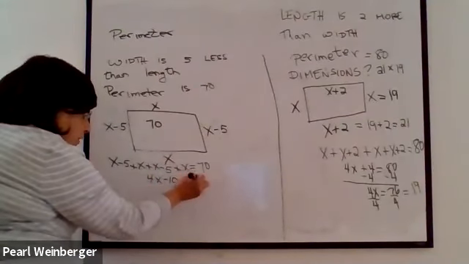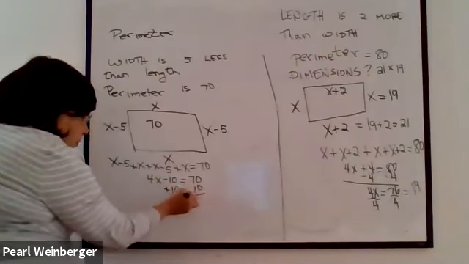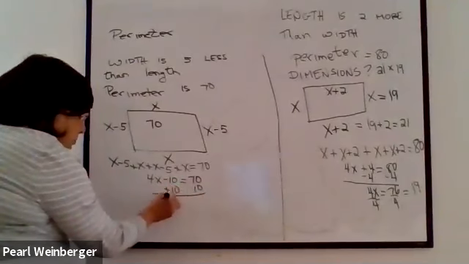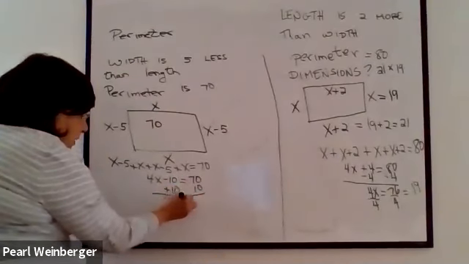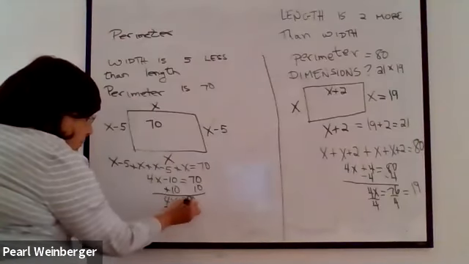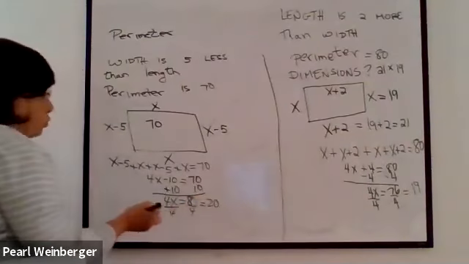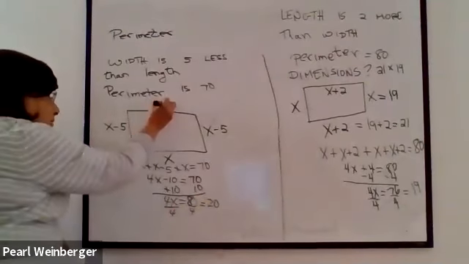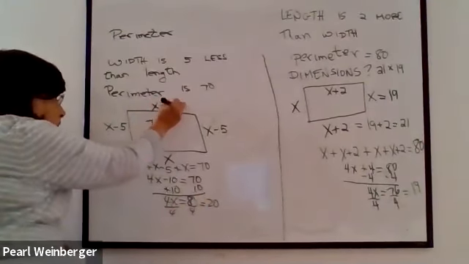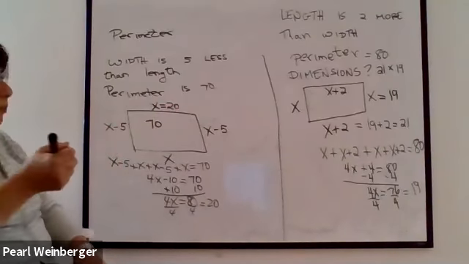That equals 70. I solve this equation by adding 10 to both sides. That gives me 4x equals 80. When I divide by 4, x is equal to 20. That means the length is 20, because that's what I used x for.